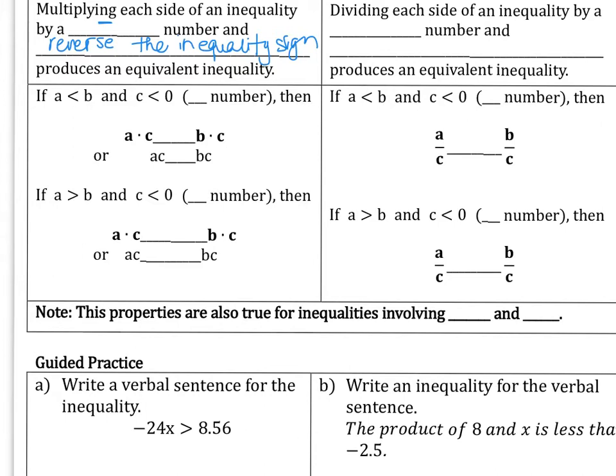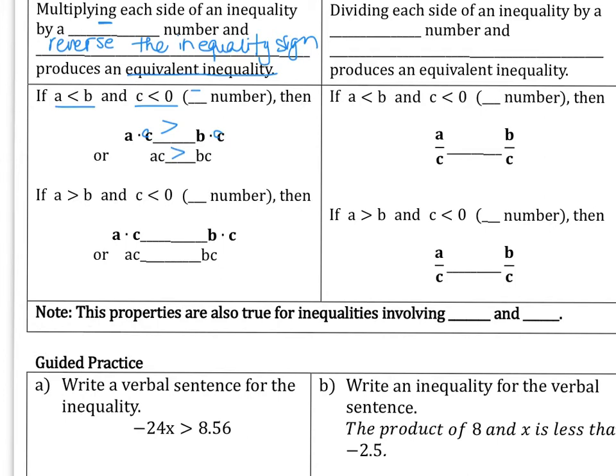And this will still produce an equivalent inequality. So if A is less than B and C is less than 0, meaning a negative number, then if we multiply this inequality by a negative number C, we need to reverse the inequality sign. So therefore A times C is greater than B times C.